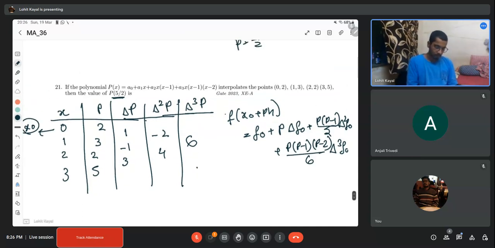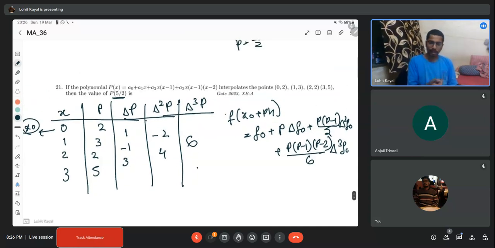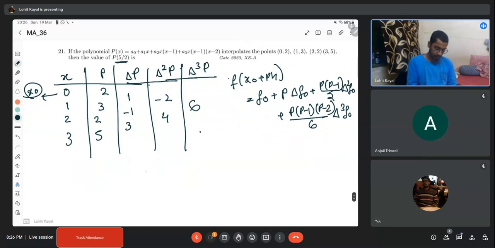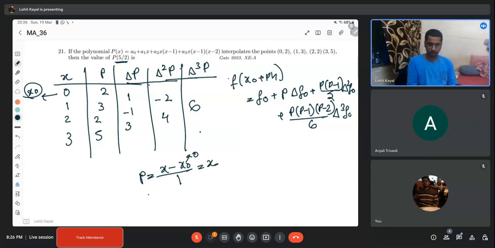Now for any general x, what will be the value of p? p will be x minus x naught. x naught is 0 by 1, so p equal to x for any general x. So f of x naught plus ph equal to f of x equal to f naught.